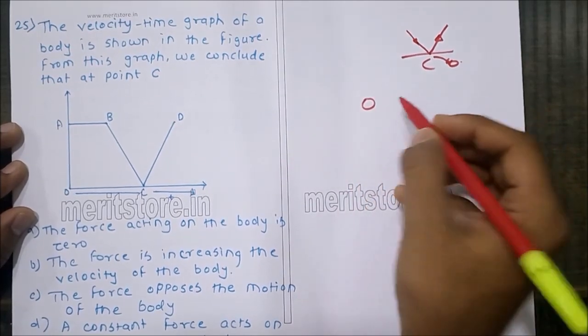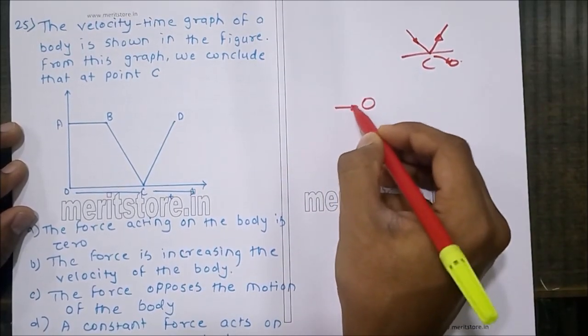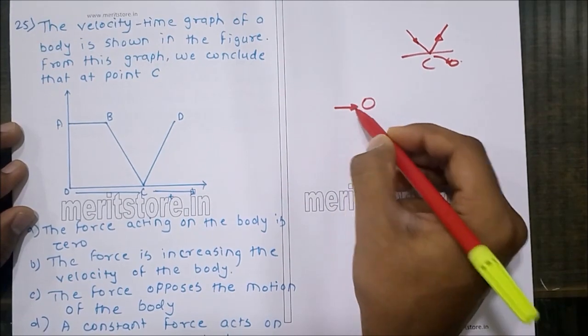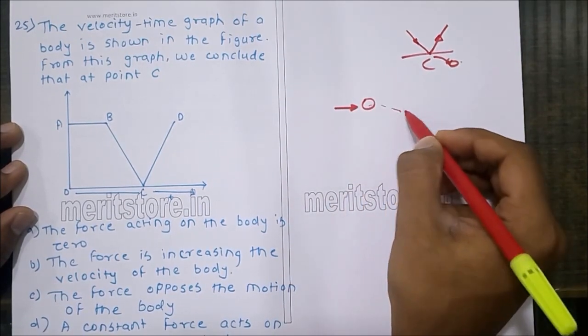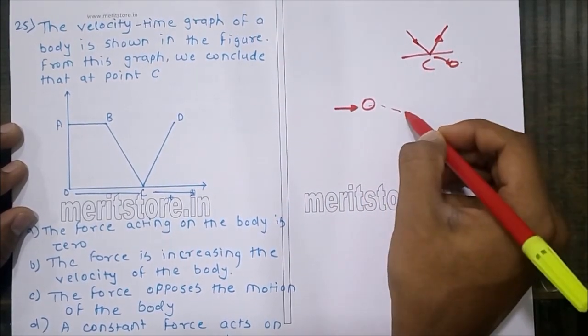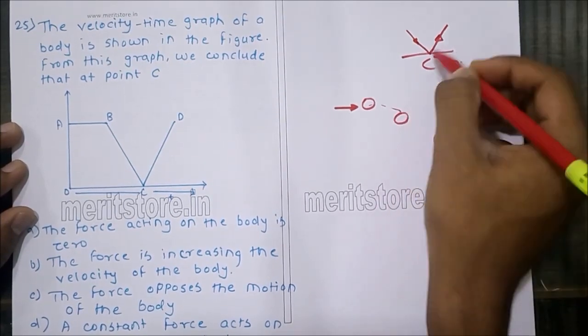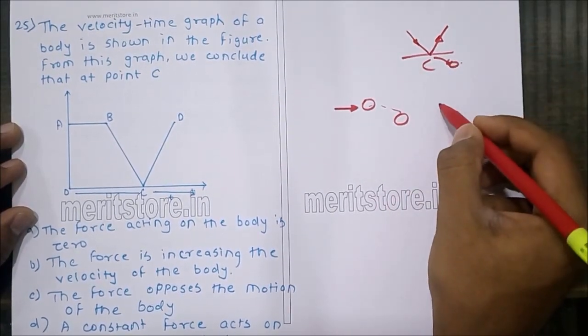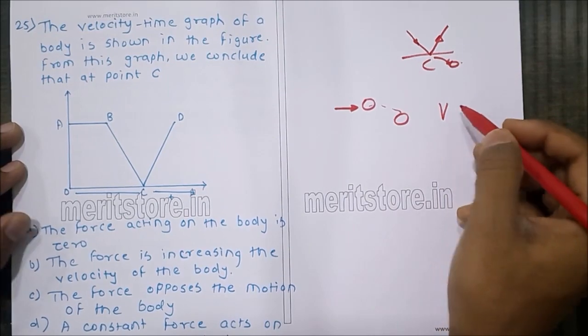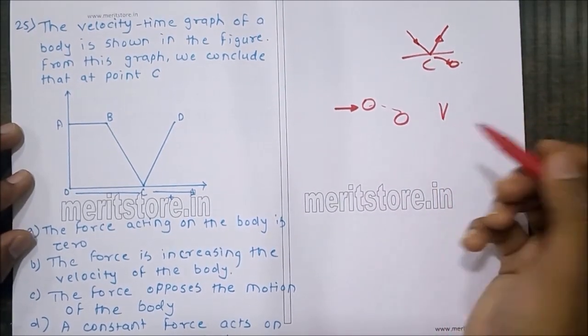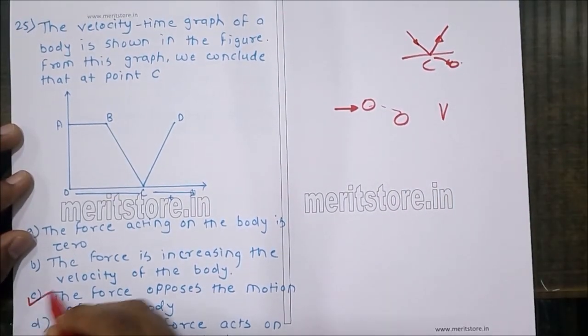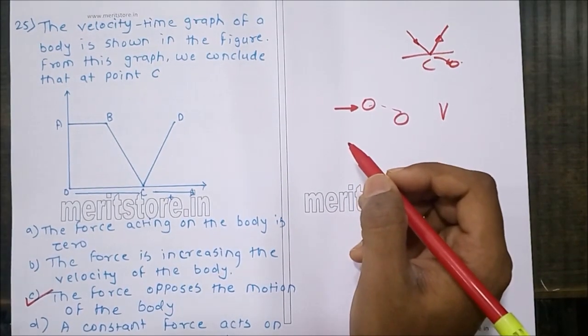This can be concluded as the force was being acted in one direction, hence velocity was decreasing. Then rapidly the velocity starts increasing again. So from a low value it again goes to a high value, which means that the force opposes the motion of the body. Hence option C is the correct answer.